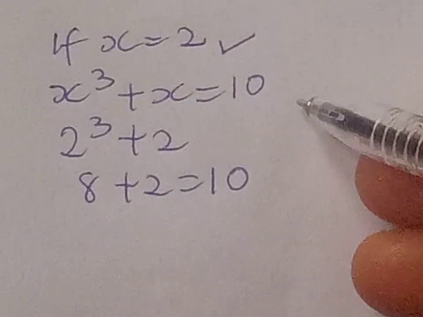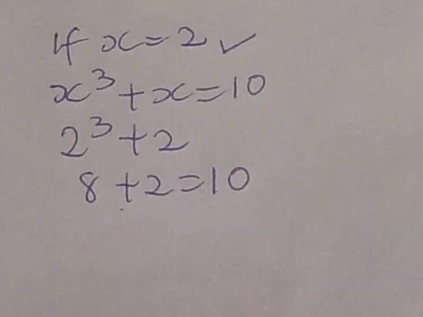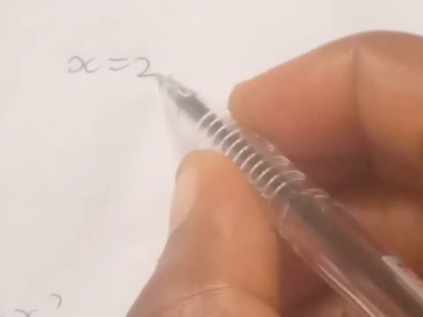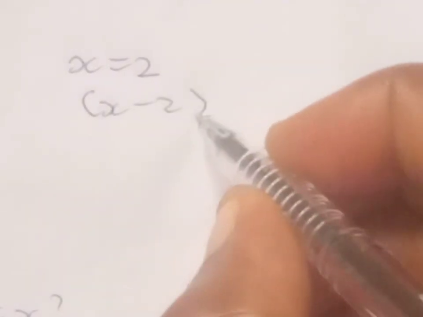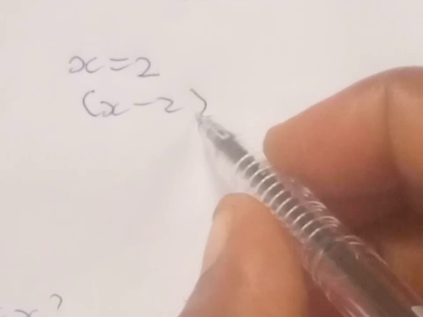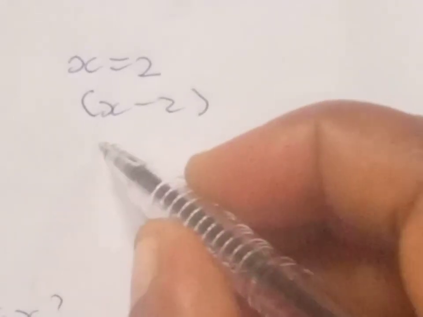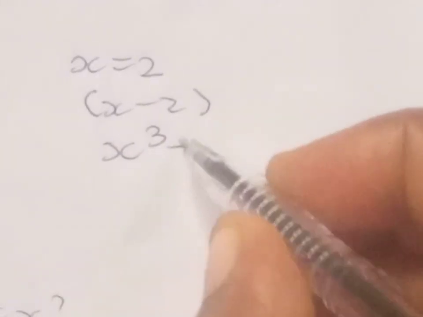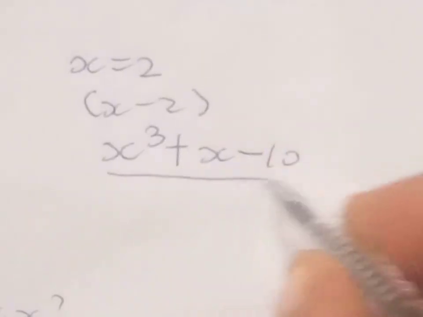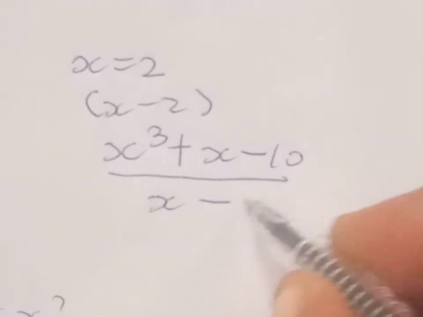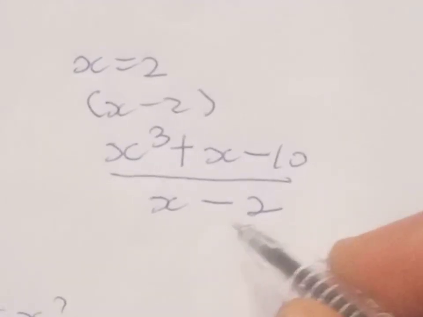The next thing is, let's factor the polynomial. Since x equals 2 is a root, that means x minus 2 must be a factor. Now let's divide x cubed plus x minus 10 by x minus 2.